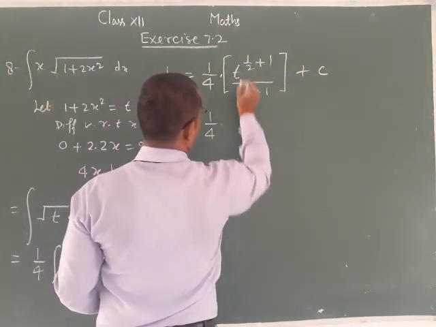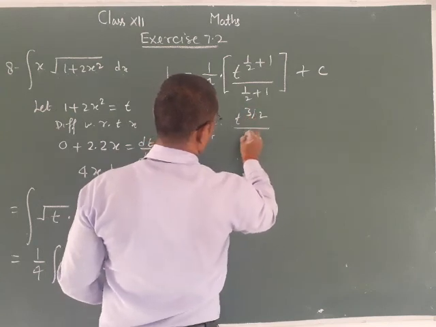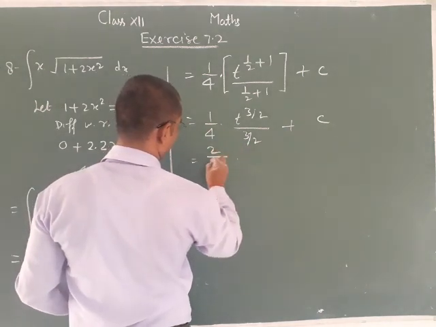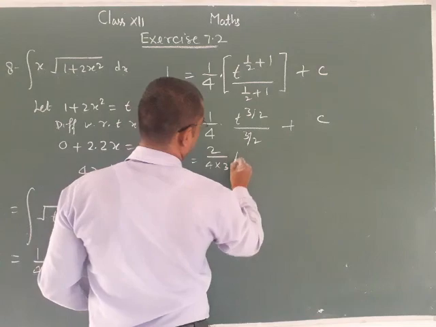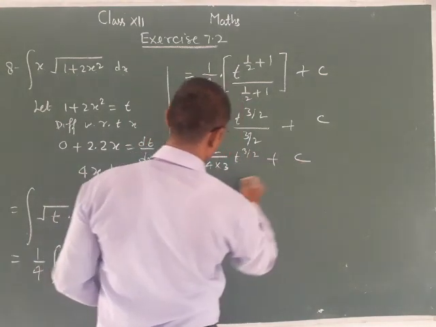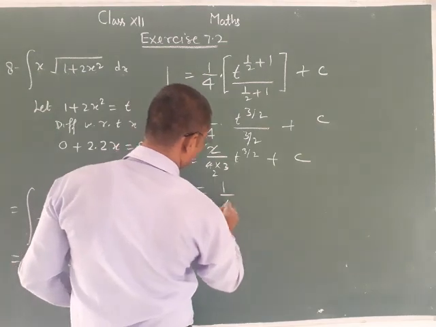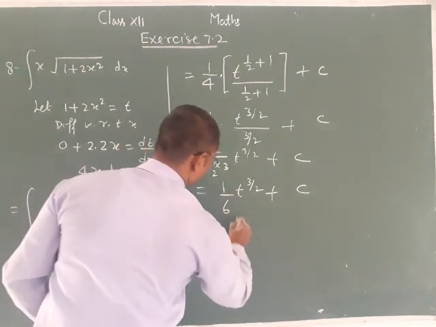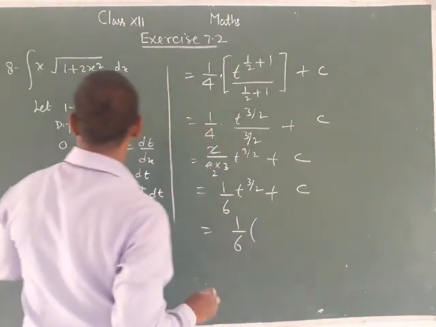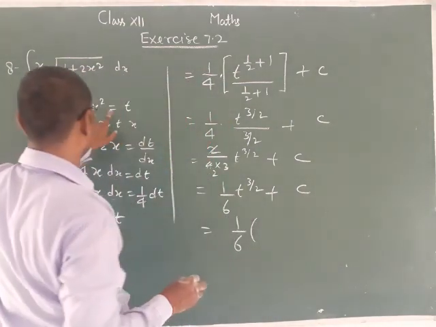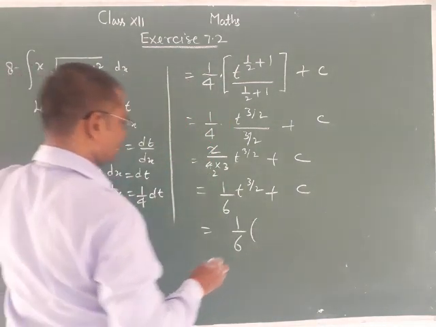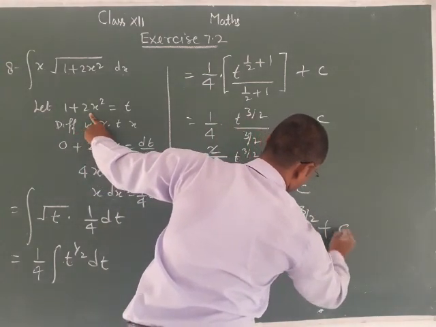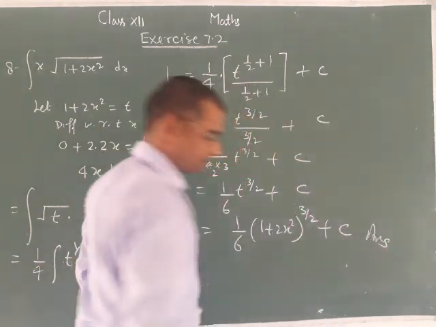So 1/4 times t to the power 3/2 upon 3/2 plus c. We can write 2/4 into 3, that is 1/6 t to the power 3/2 plus c. So 1/6 and t is 1 plus 2x square, so (1 plus 2x square) to the power 3/2 plus c. This is the answer.